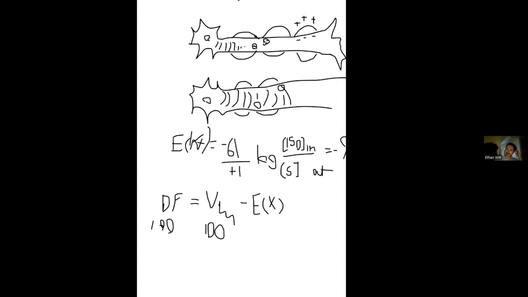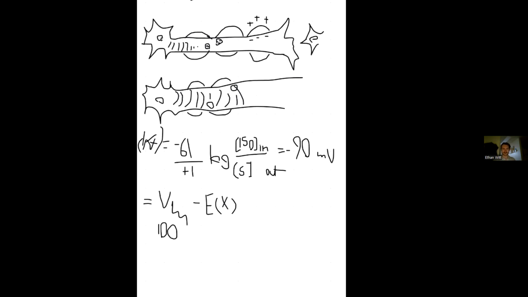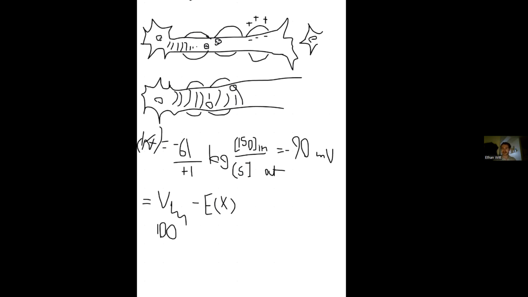And the goal, like we said, is to get to negative 90 millivolts, at least in the case of potassium here. Driving force is going to be one of 190. That's a large number, so you're going to see a lot of pressure behind the movement of those ions across the membrane in order to reach that equilibrium in a timely fashion.